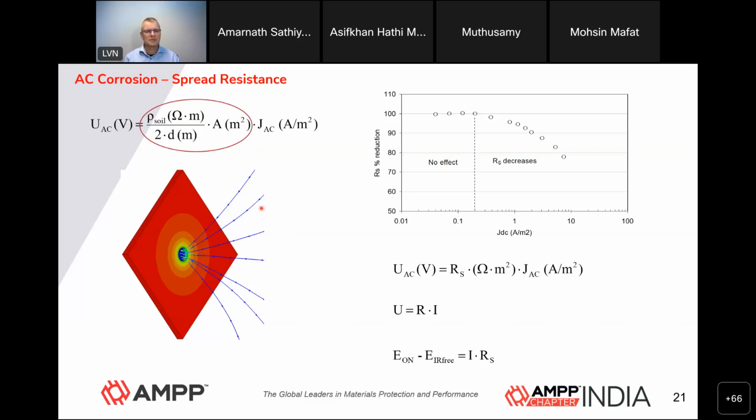And I'd like to stress here that this factor is what I call the spread resistance.